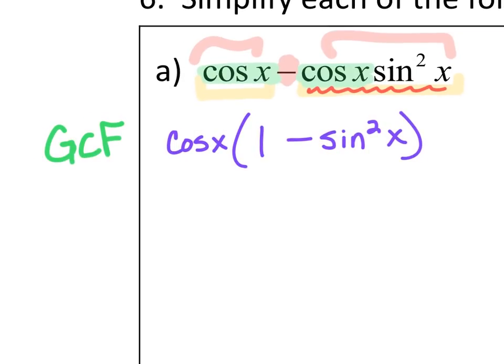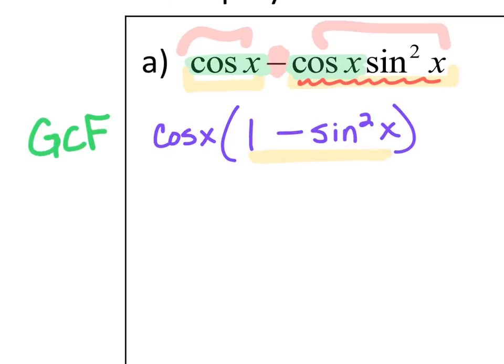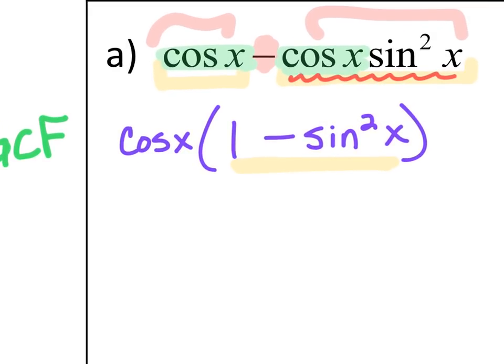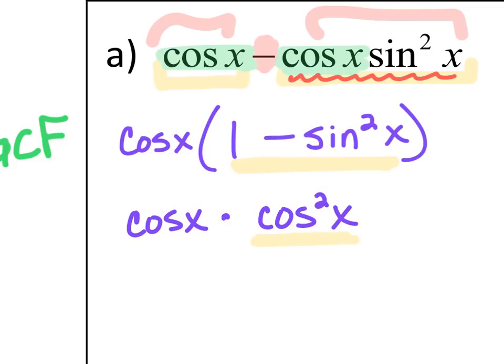Now that I have divided out my GCF, I see here inside the parentheses that that's one of my Pythagorean identities. And that leaves me with cosine of x, which was my original GCF, times cosine squared of x, which is what I get when I substitute for my Pythagorean identity.